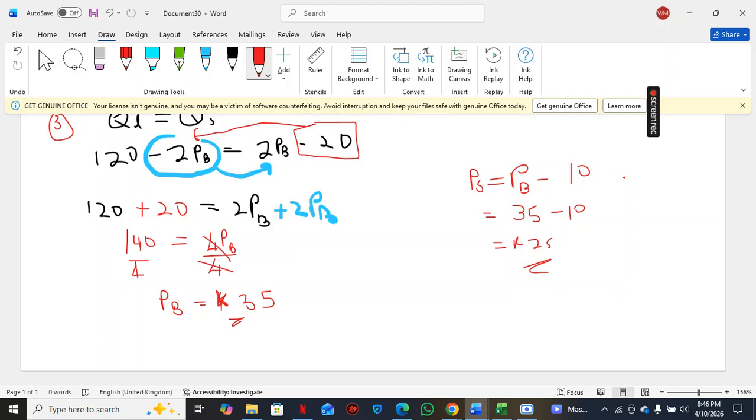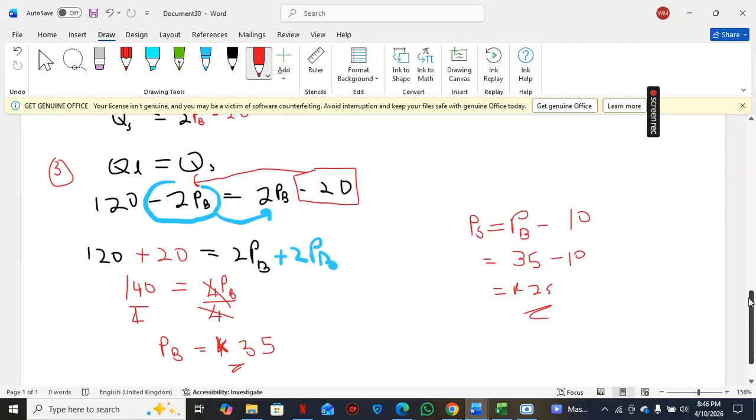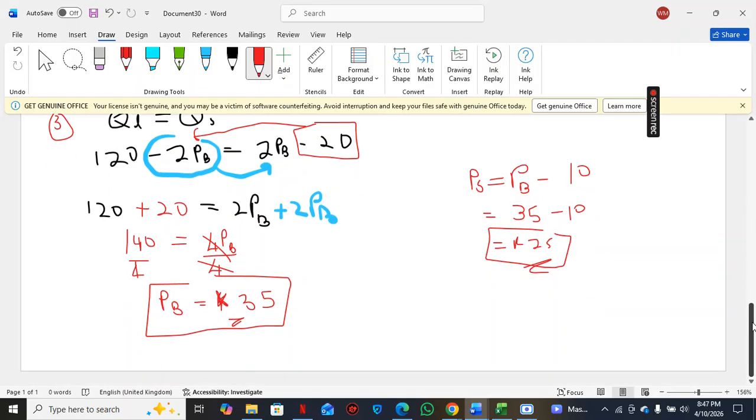Any questions before we now tabulate the new quantity? To get the new quantity, again, if you use PB, substitute it into the demand function. If you use PS, substitute it into the supply function. Remember the original supply function was QS equals 2PS.